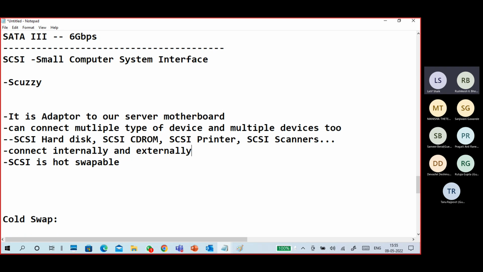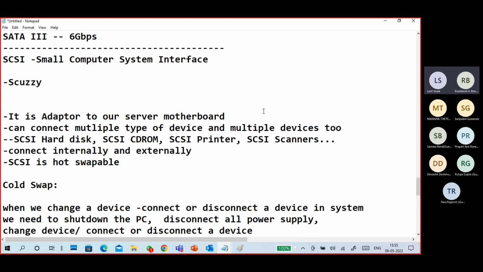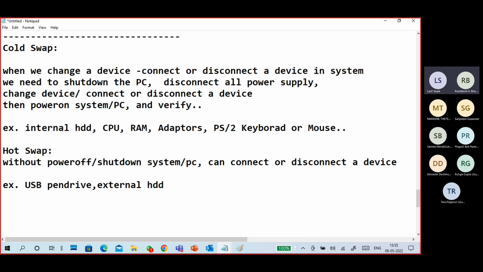So this is about your SCSI. Different devices, different connections, different types of things are there.